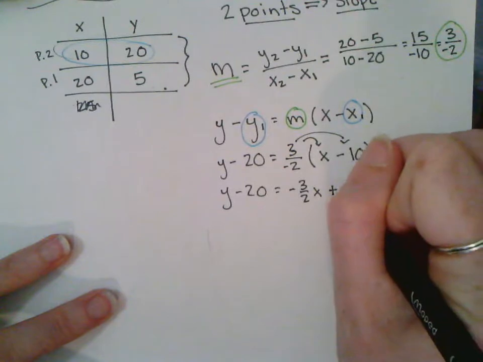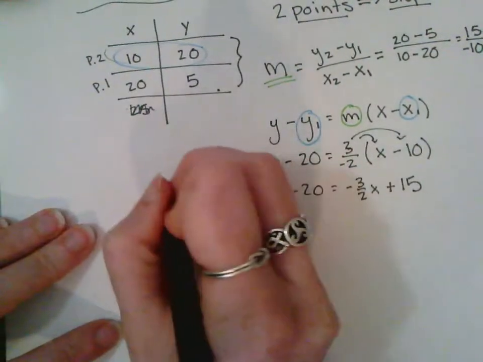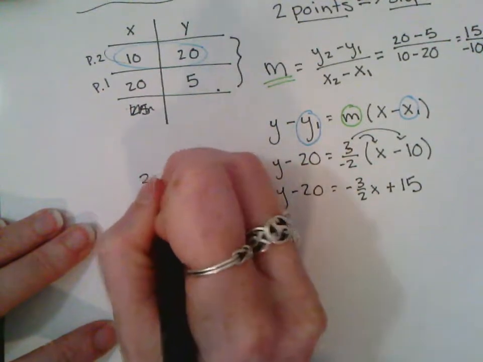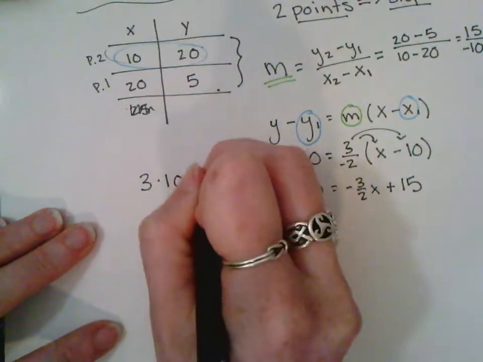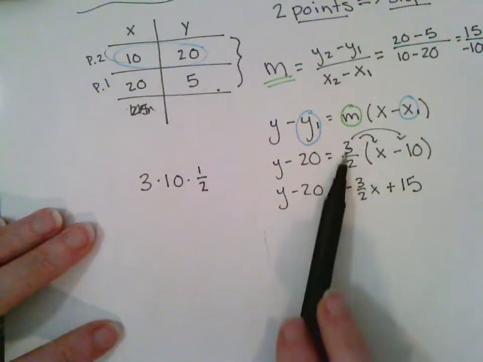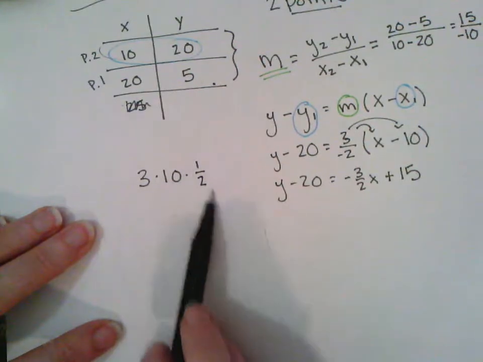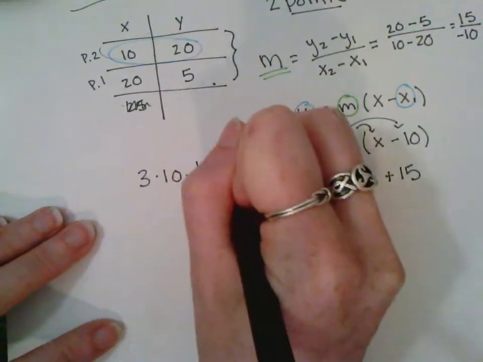So 3 times 5 is going to be 15. Now, if you need to see that written out, it's saying, hey, what's 3 times 10 times 1/2? If I break this fraction up into its 2 parts, it's the same as 30 divided by 2, which should still get me to 15.